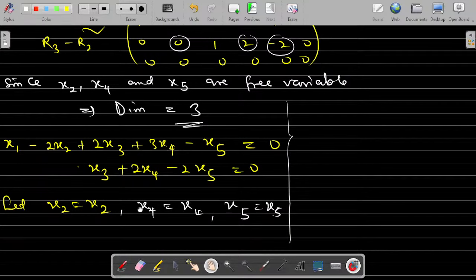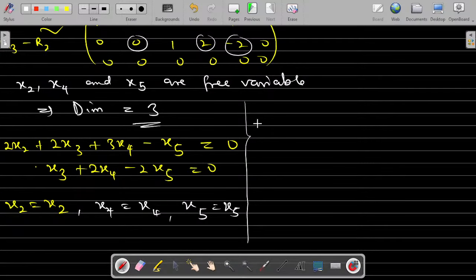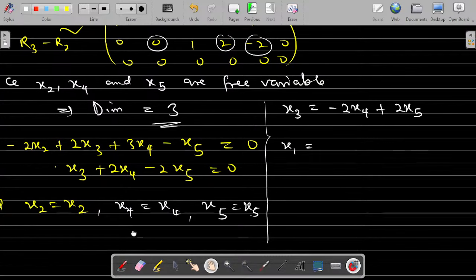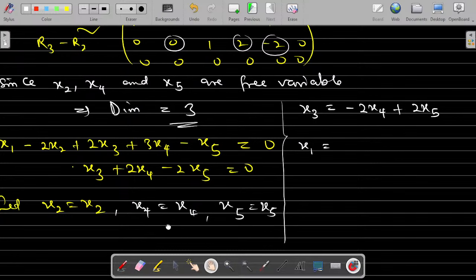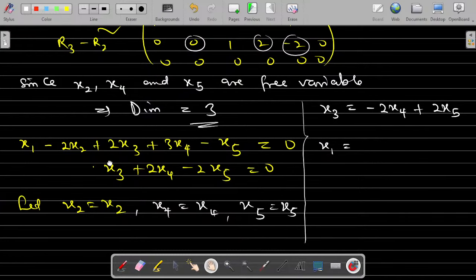So from equation 2, our x3 is simply equal to minus 2x4 plus 2x5. So that's our x3. And then our x1 will be equal to, take every other thing to the other side.